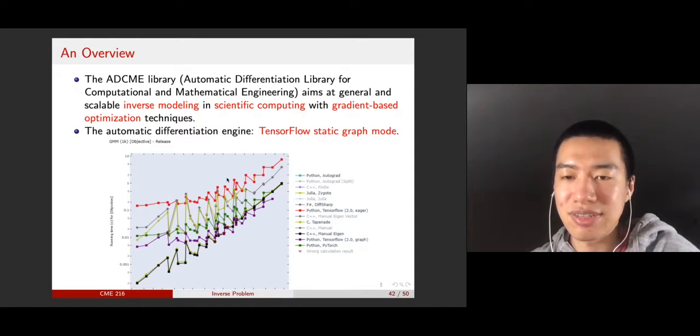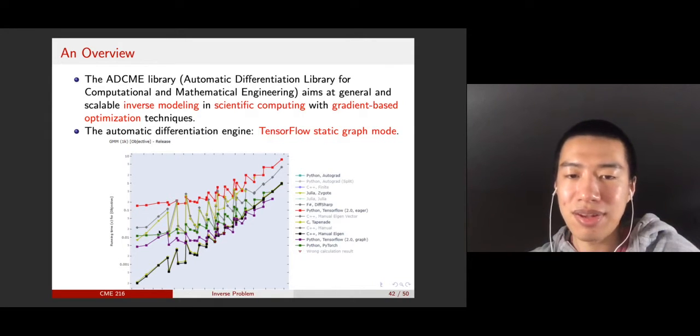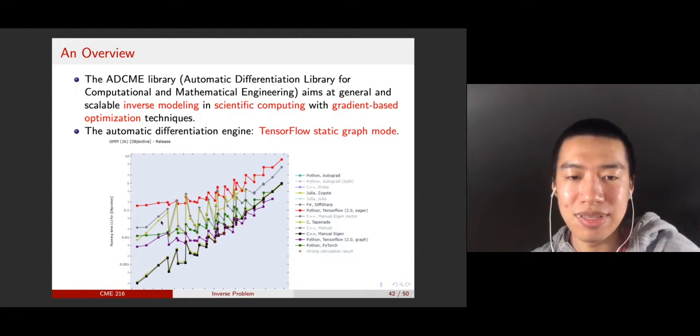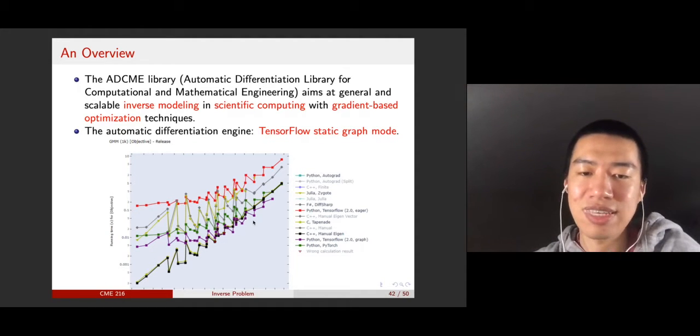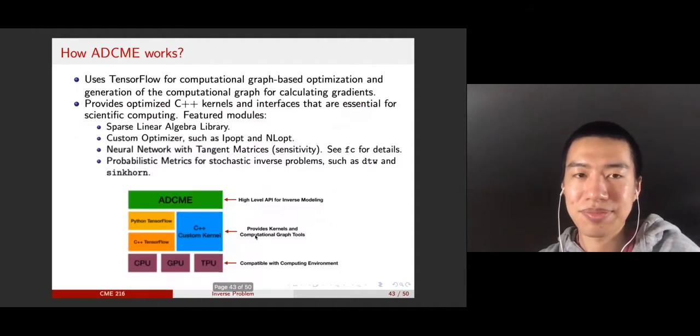Its interface is in Julia, but in Julia people already have an AD system, the so-called Zygote. But we are not using that for scientific computing. It looks like it's in an early stage. And also we have DeepSharp, and the performance is here. So that justifies our choice of the TensorFlow static graph mode, and that's what is used in ADCME.